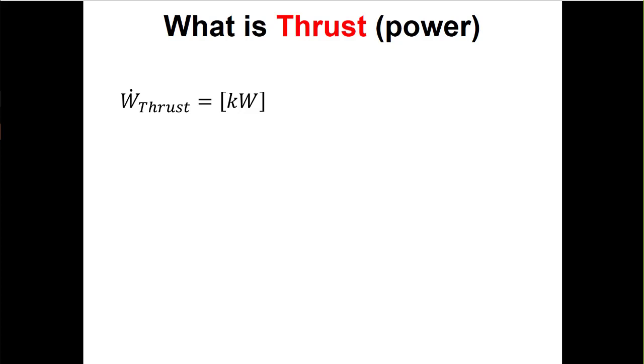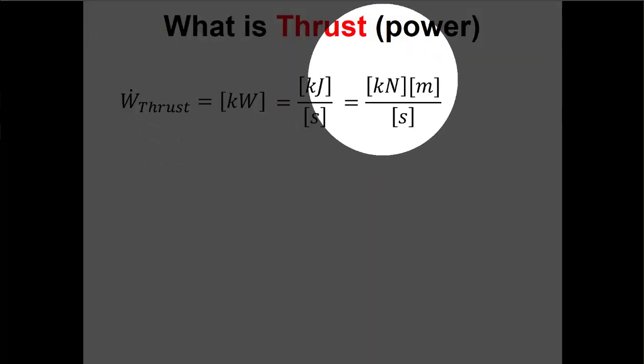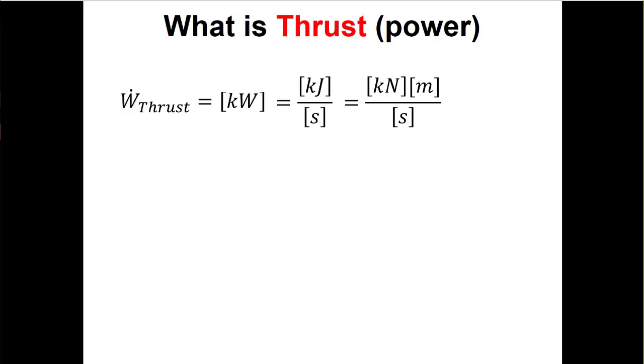Power is energy per unit time. Kilowatts is kilojoules per second. And kilojoules is kilonewton meters. So right now, we have a way of finding the thrust force in kilonewtons, at least if we were talking about metric.